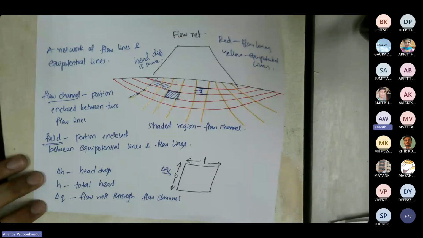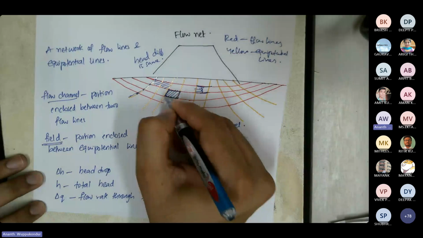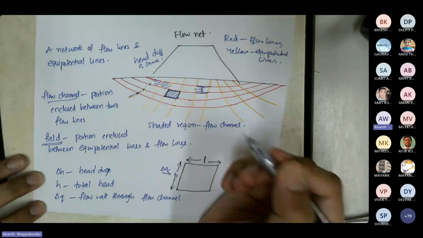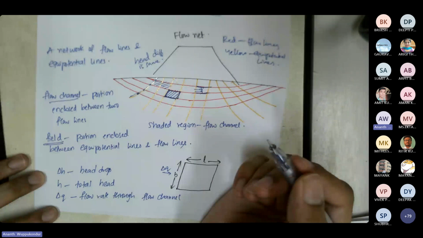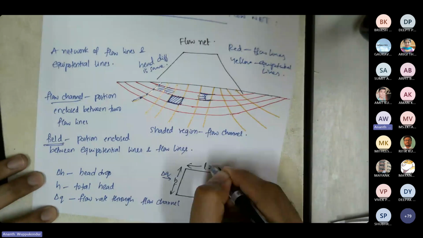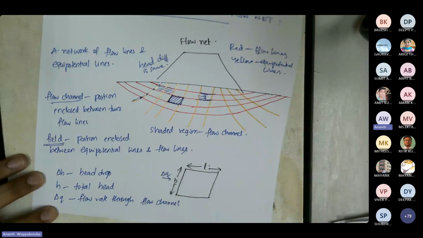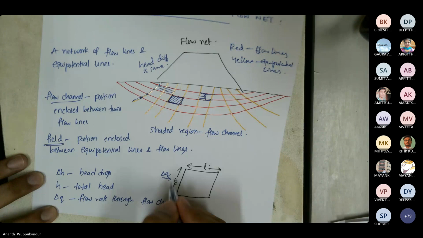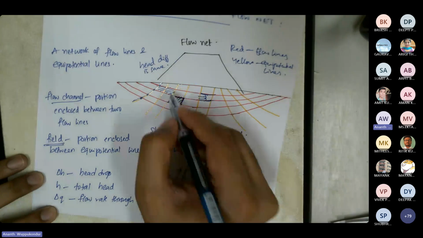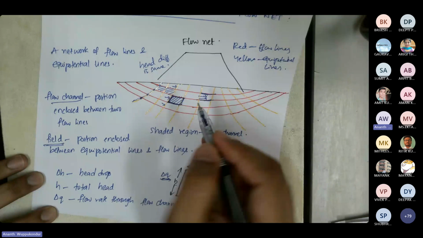Now let's say I consider one of the fields, which is a square, or it could be a rectangle. So let us start by assuming it is a rectangle which has a height of b and length L. Then what we are interested in is finding the flow rate through each square.